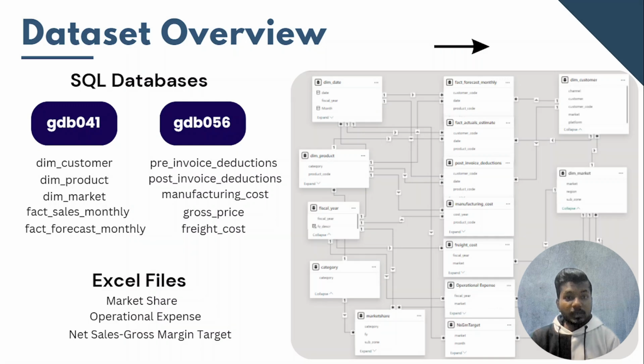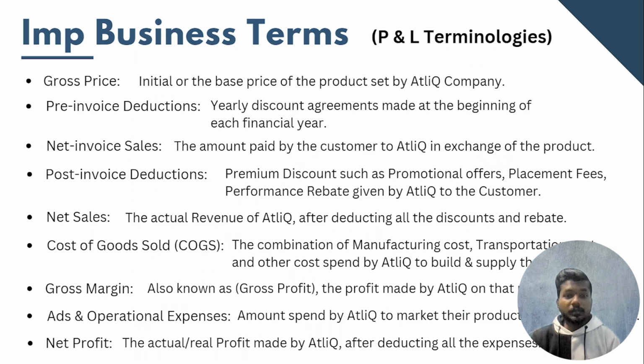Now, before moving to the dashboard, it's important to know a few business terminologies typically used to run a business and understanding profit and loss statement. So let's explore one by one. What is a gross price? It's a base or an initial level of price of the product set by the company.